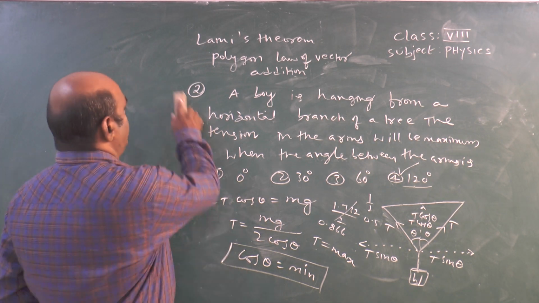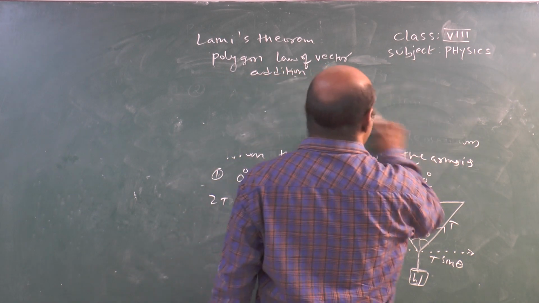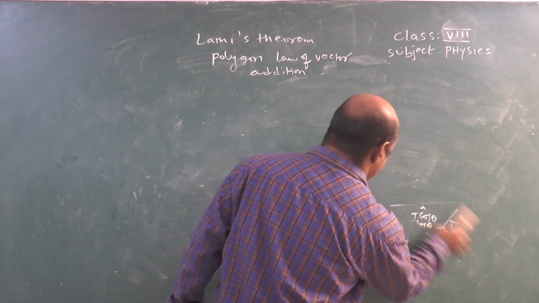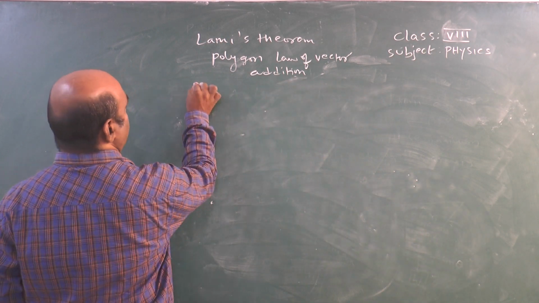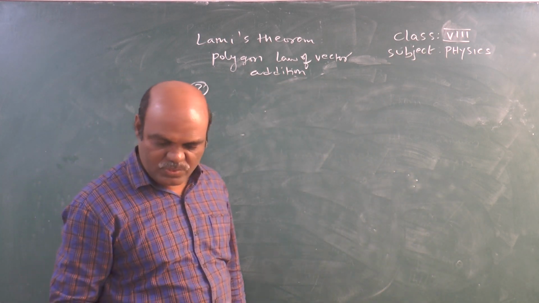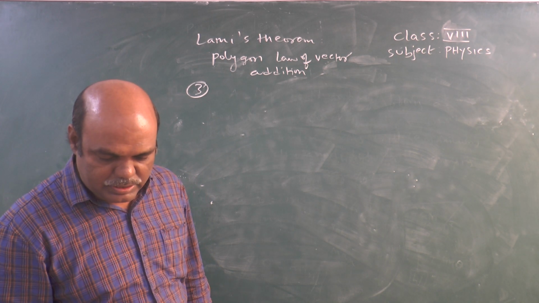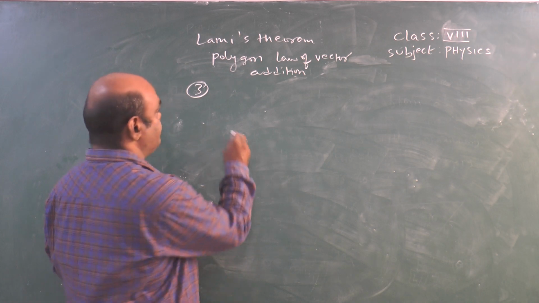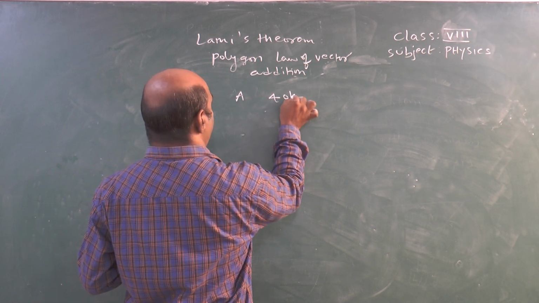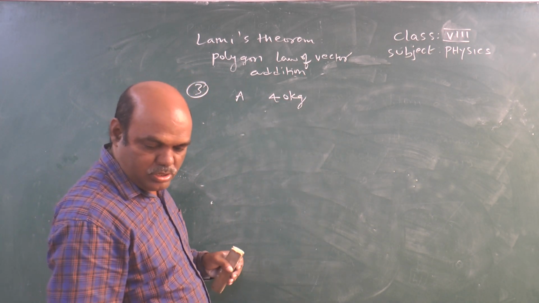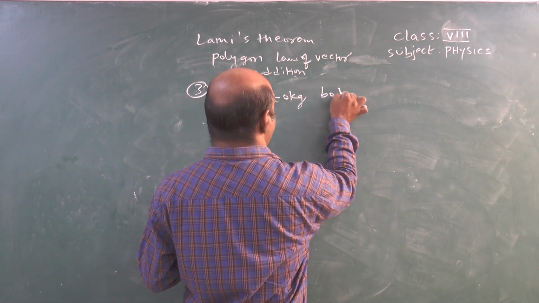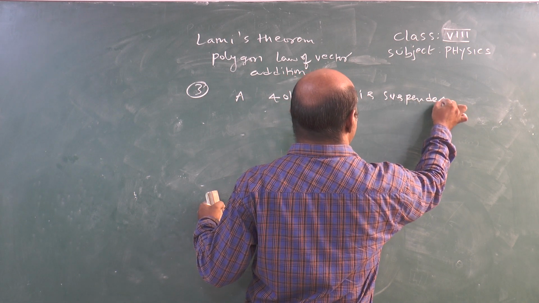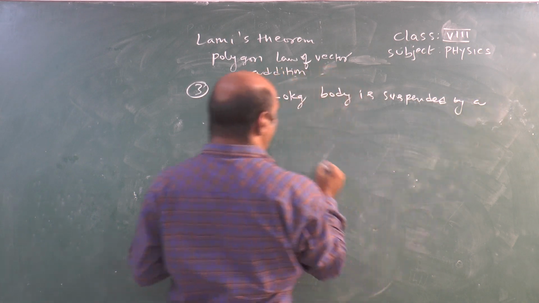Next, third bit. A 40 kg body is suspended by a rope.